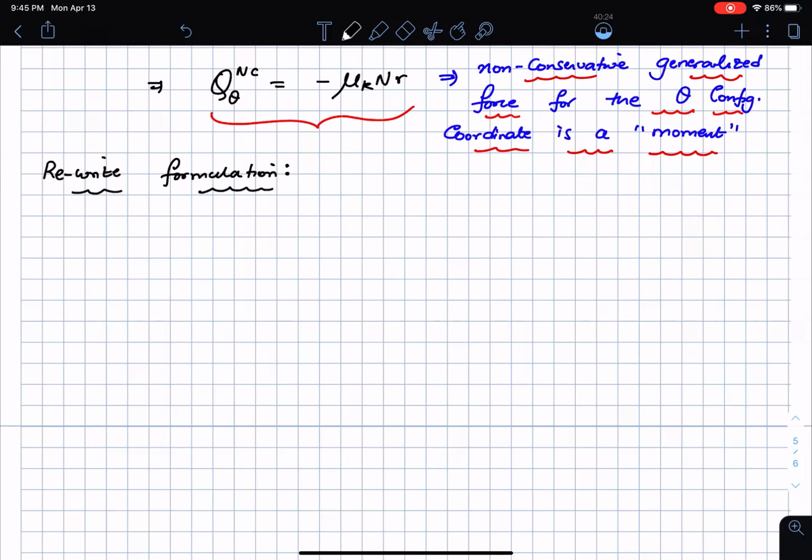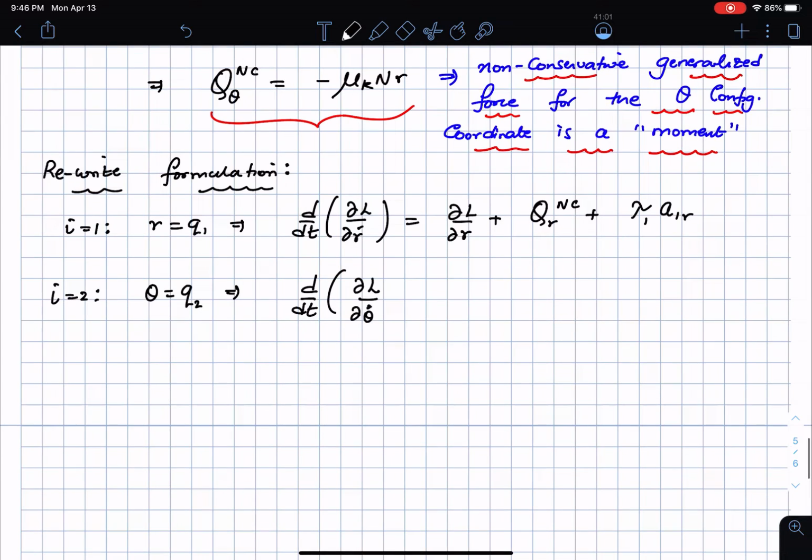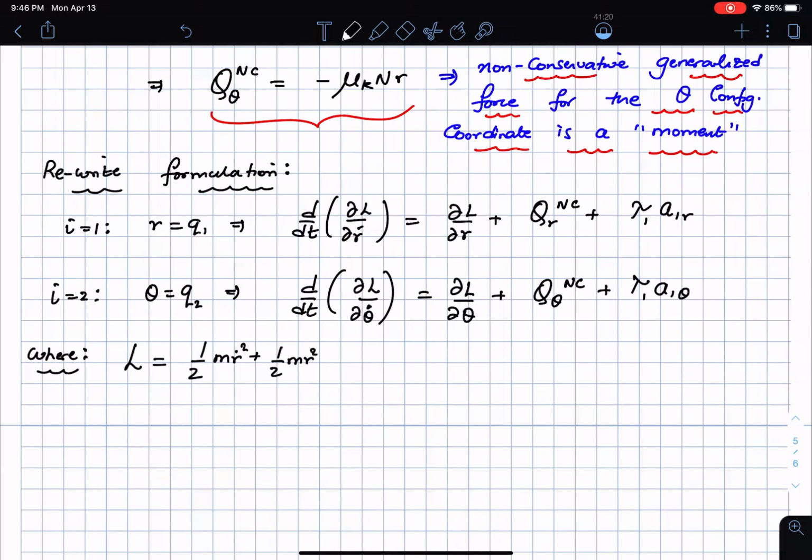For i equal to 1, R is the same as q1, so d by dt of dL by d r dot equals dL by dr plus Q R NC plus lambda 1 a1R. For i equal to 2, theta is q2, so d by dt of dL by d theta dot equals dL by d theta plus Q theta NC plus lambda 1 a1 theta, where the Lagrangian was half m r dot squared plus half m r squared theta dot squared minus mg r cos theta, and a1R was 1, a1 theta was 0.